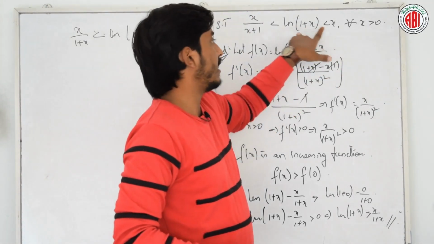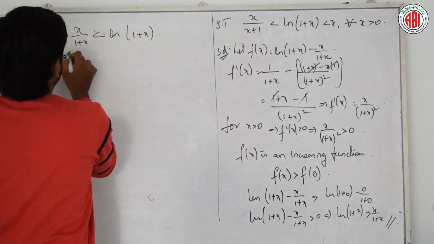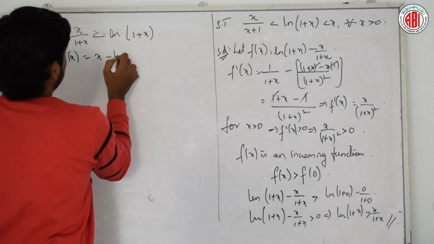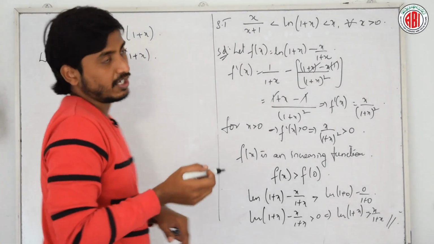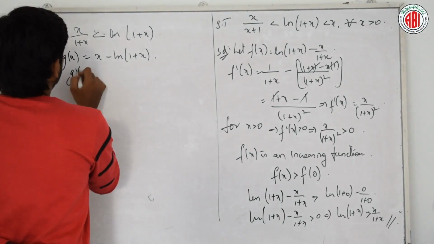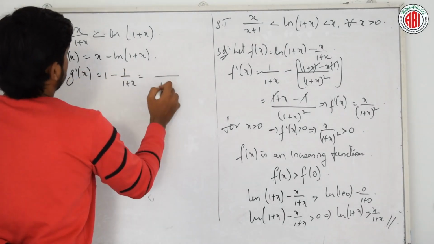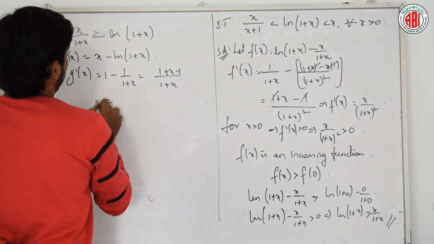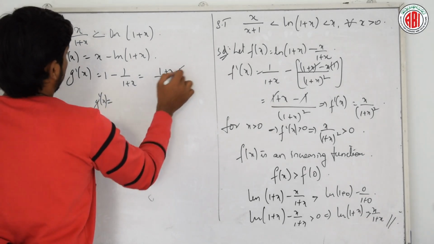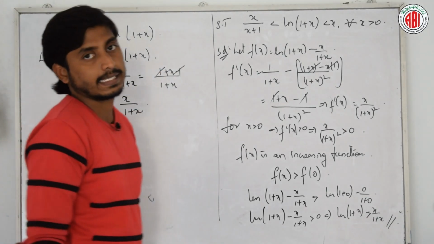Let us now take these both things. So, let us assume one more function g of x is equal to x minus ln of 1 plus x. Let us differentiate. g dash of x is equal to 1 minus 1 by 1 plus x, that is nothing but 1 plus x minus 1 over 1 plus x, so g dash of x is equal to x by 1 plus x.